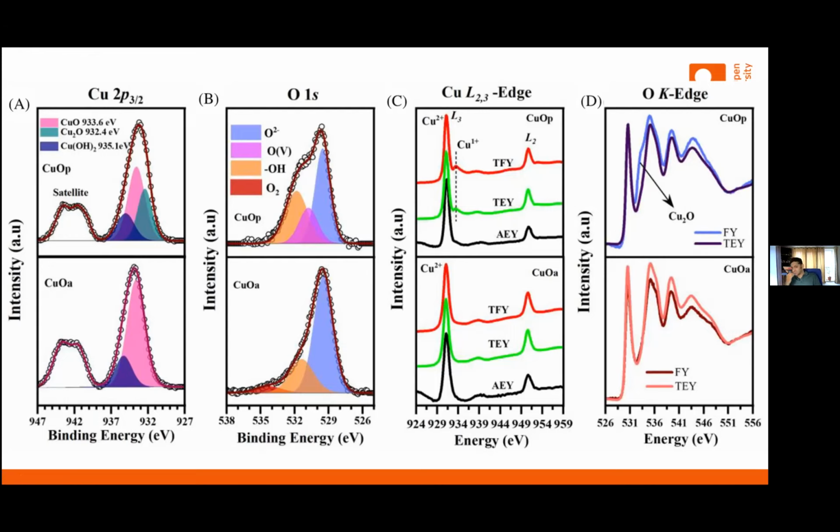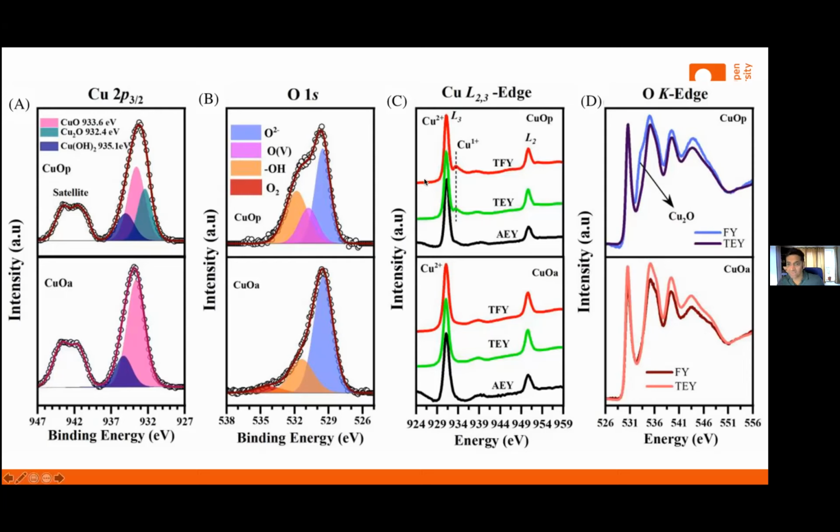So NEXAFS will give clear information on the local partial density of states. This involves in-band-gap states, and also the promotion of valence band to conduction band, and it also tells about what hybridization is happening at the valence levels.